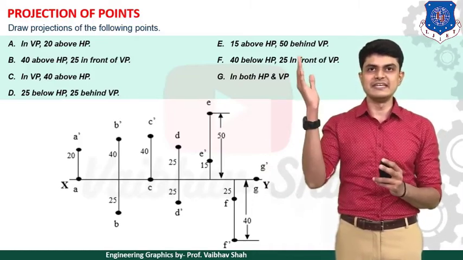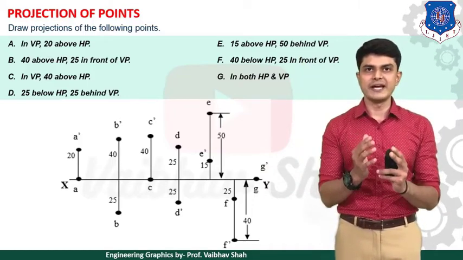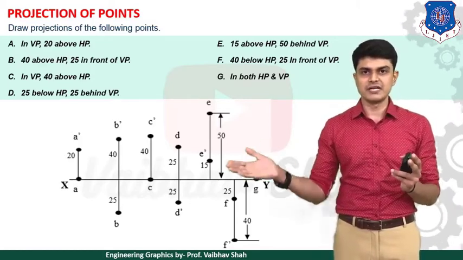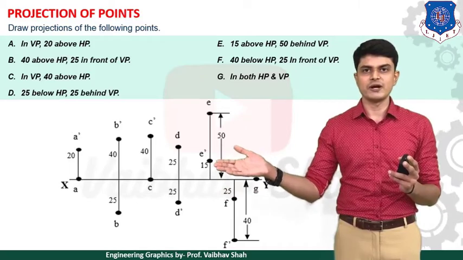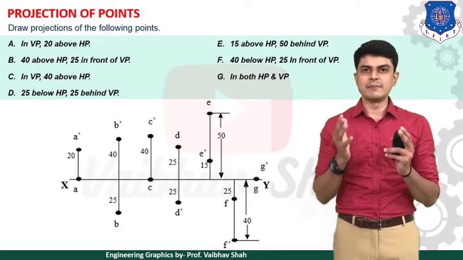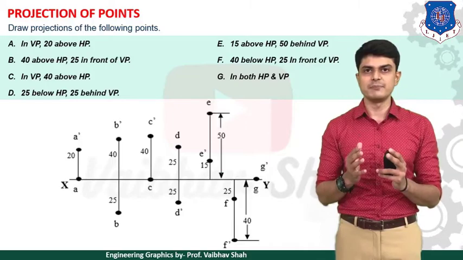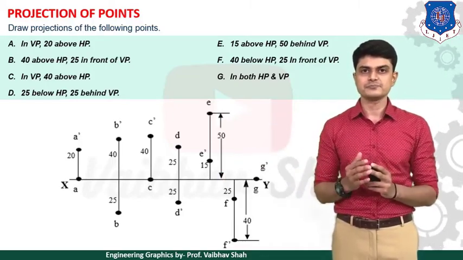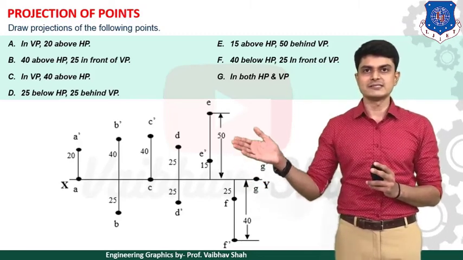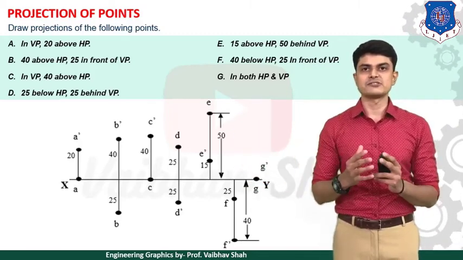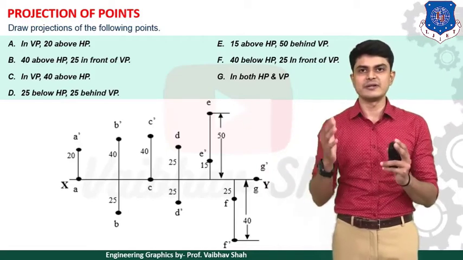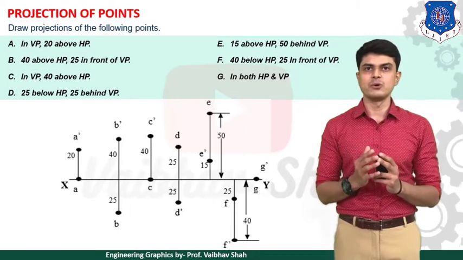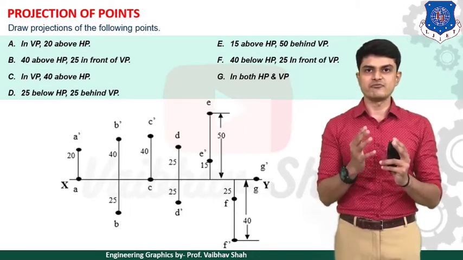Then example E: 15 mm above HP and 50 mm behind VP. 15 mm above HP means E dash is 15 mm above the XY line, and 50 mm behind VP means point E without any dash is 50 mm above the XY line, as you can see.